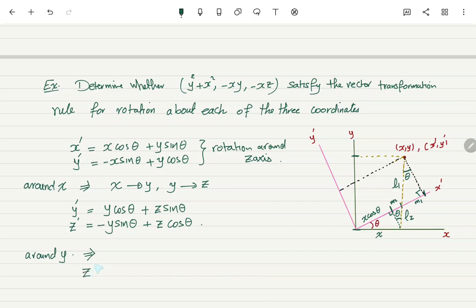So z prime equal to z cosine theta plus x sine theta, and x prime equal to minus z sine theta plus x cosine theta. Again, we can use the same figure, but instead of x and y, the new coordinates will be x and z.